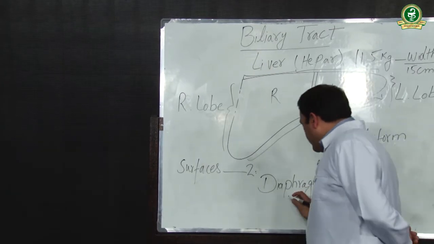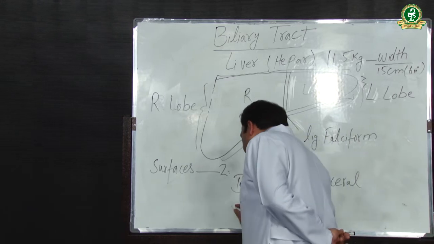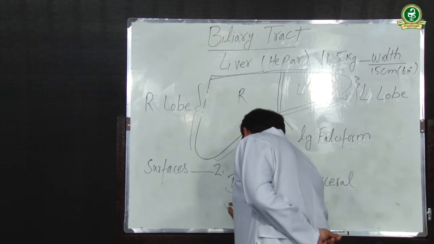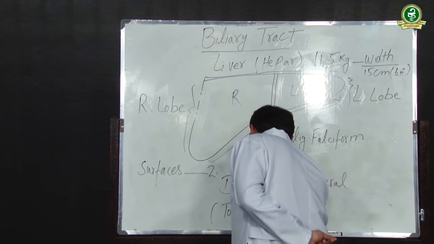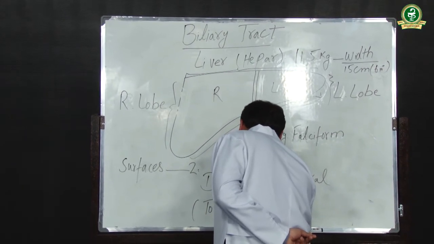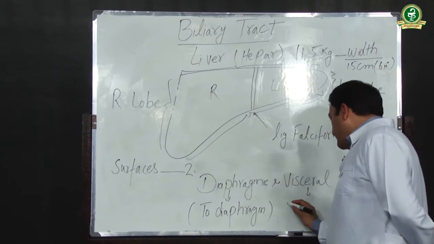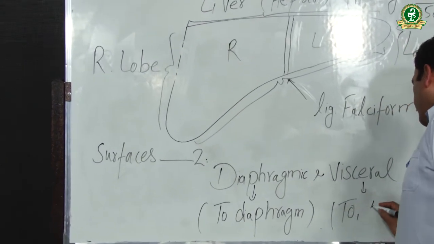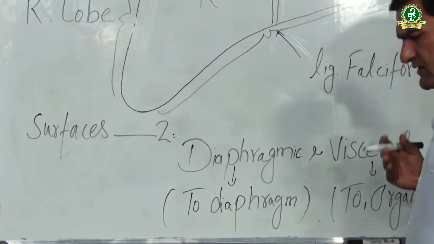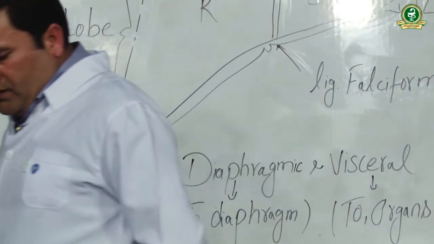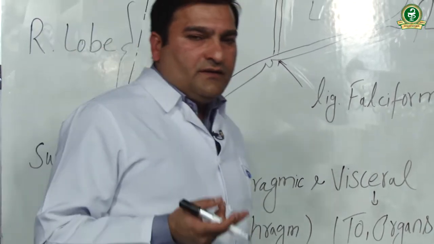The diaphragmatic surface means the liver goes to the diaphragm. The visceral surface means it relates to organs, because on the inferior side there is the gallbladder, and also the duodenum, part of the small intestine.